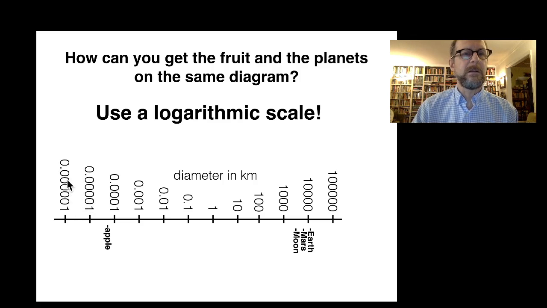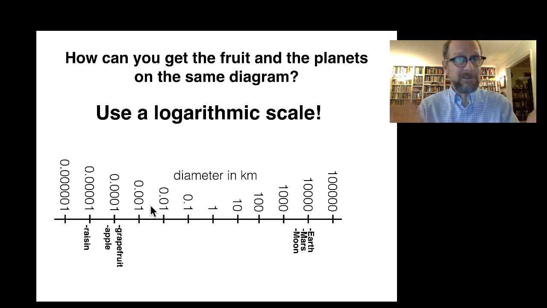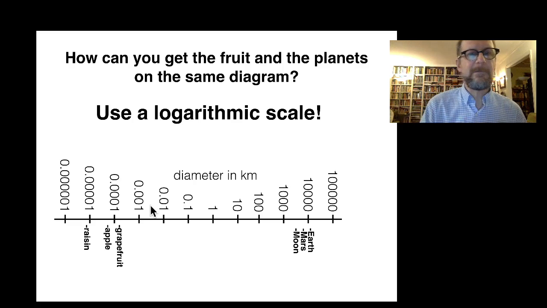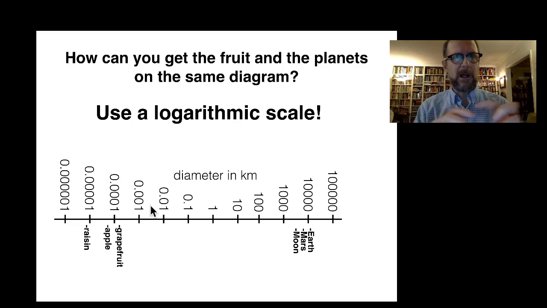And this would be a millimeter. And so an apple would go here, grapefruit would go there, and a raisin would go there, a little bit less than a centimeter. And notice they're not on top of each other. And so we've got planets and fruit on the same number line, on the same logarithmic scale. That's what a logarithmic scale buys you.